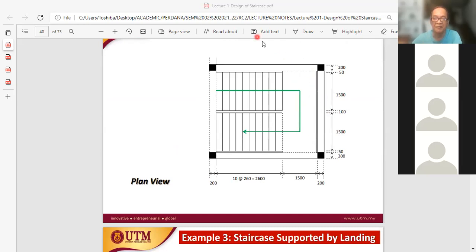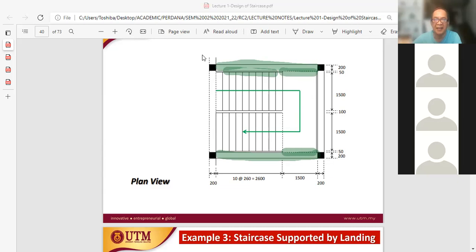Another observation from the plan view is that there is a dotted line here, and this dotted line belongs to this particular beam. It indicates that these two beams, left hand side and right hand side of the landing, are connected directly to the landing.